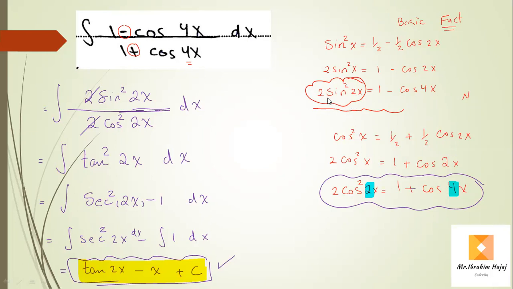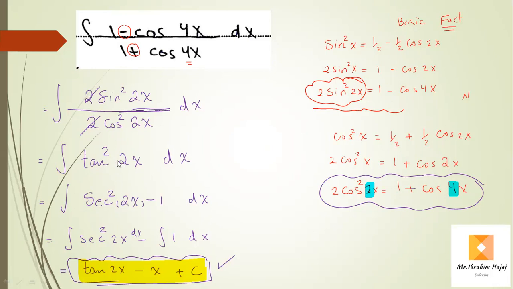In the numerator, it's 2 sine squared 2x. In the denominator, 1 plus cosine 4x can be replaced by 2 cosine squared 2x from the other identity. Cross out the 2, and sine squared over cosine squared is tan squared 2x.